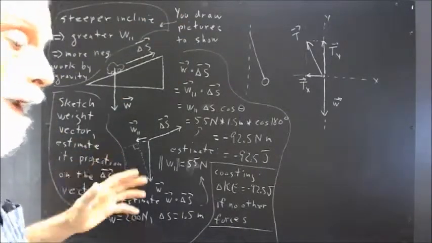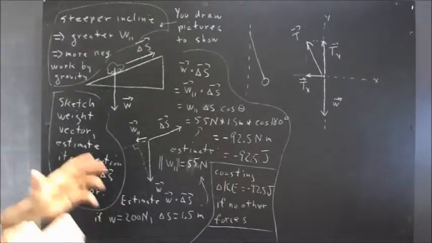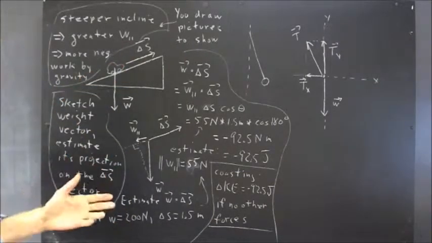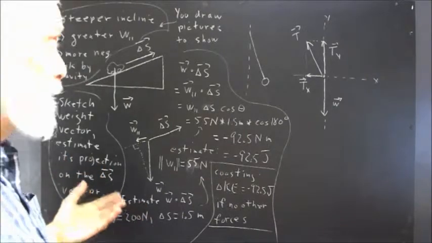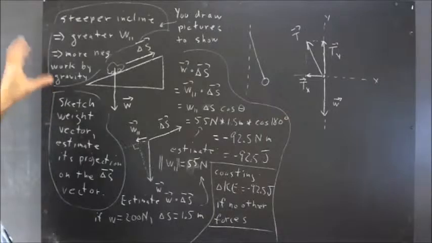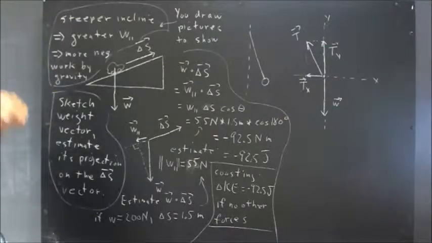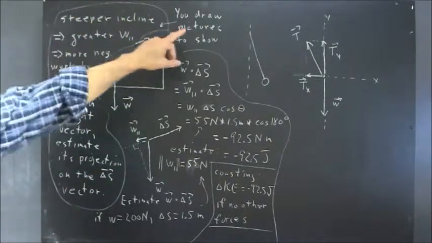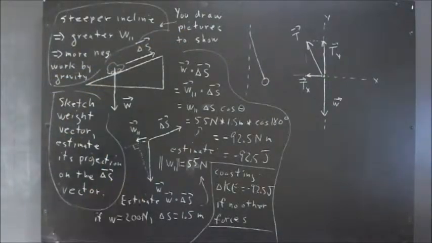I want you to have that visual understanding of what goes on on an incline. This is going to be very important. We're going to be talking about potential energy very soon, and you've got to have that connection. You figure out what conditions are necessary to make this so. Draw the pictures.